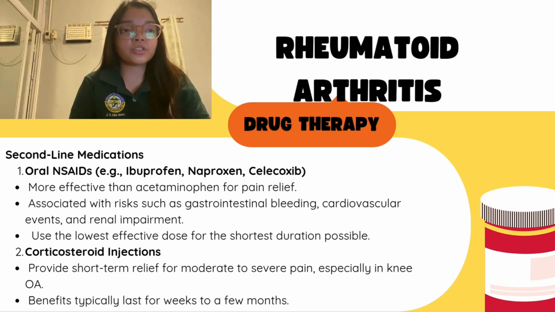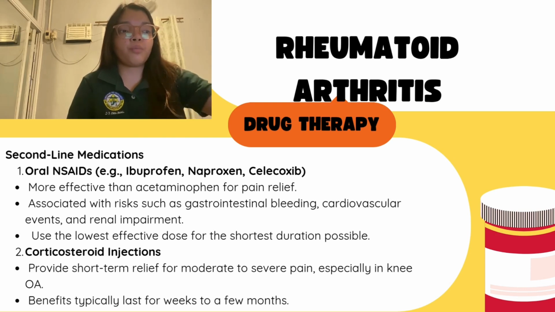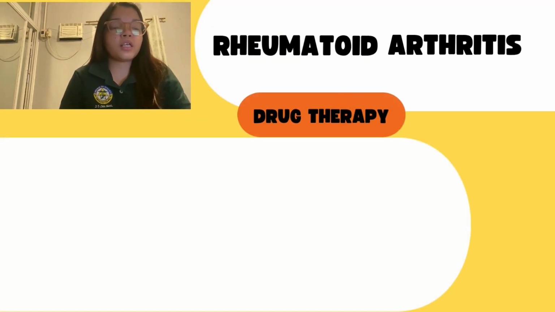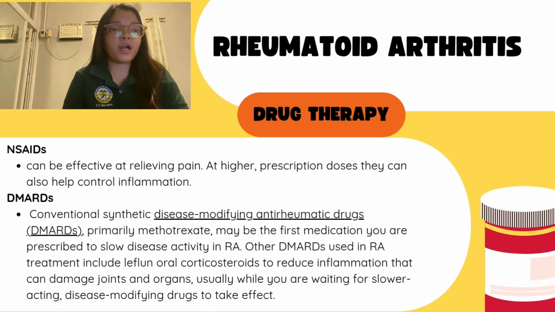Next is corticosteroid injections. They provide short-term relief for moderate to severe pain, especially in osteoarthritis. Benefits typically last for weeks to a few months. Next, NSAIDs can be effective at relieving pain. At higher prescription doses, they can also help control inflammation.